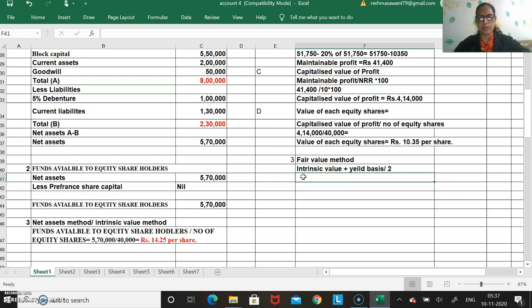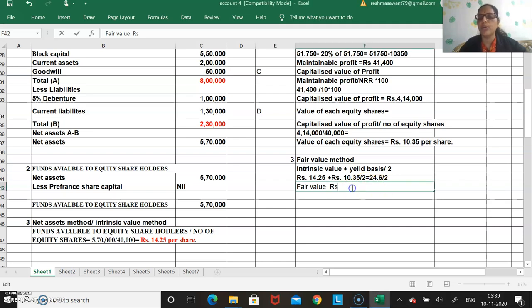So rupees 14.25 plus rupees 10.35 divided by 2. Fair value method: intrinsic value plus yield basis divided by 2. Rupees 14.25 plus rupees 10.35 divided by 2, 24.6 divided by 2.